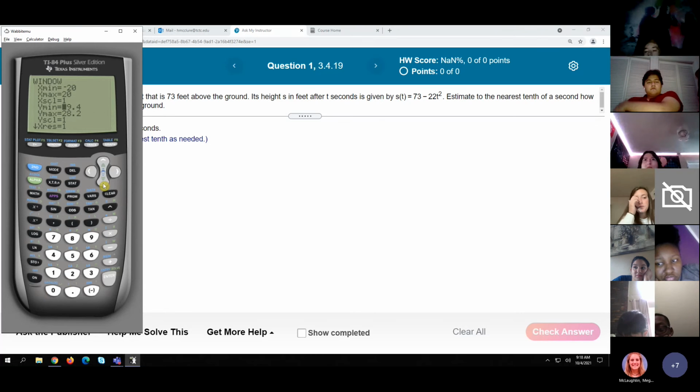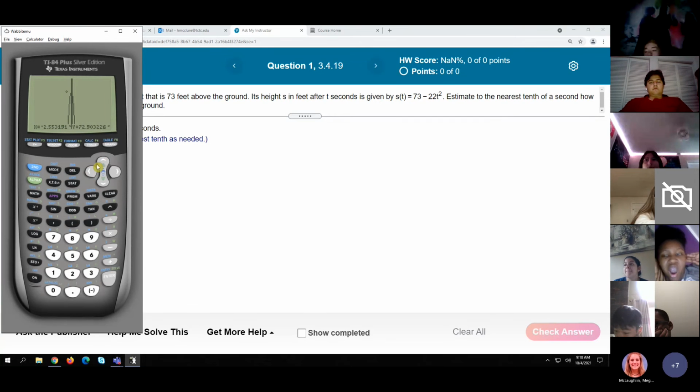And I'm going to go from -5 on the min to 100. And that should get it all in there. And you can see that, and I'm just going to blow that up just a little bit. So I'm going to go to zoom box, and I'm going to put my box right about there.